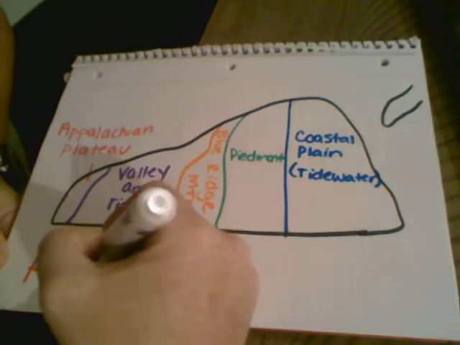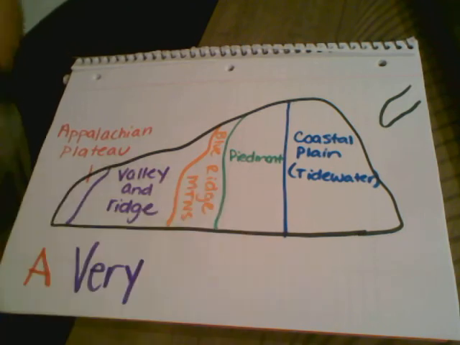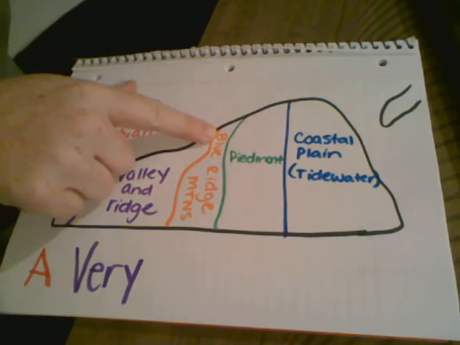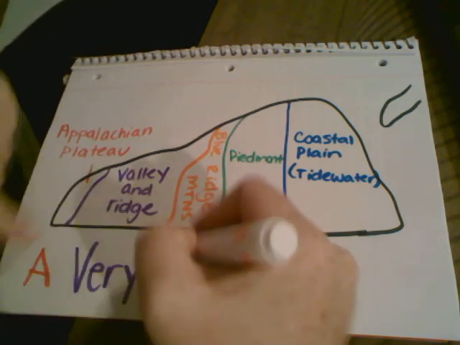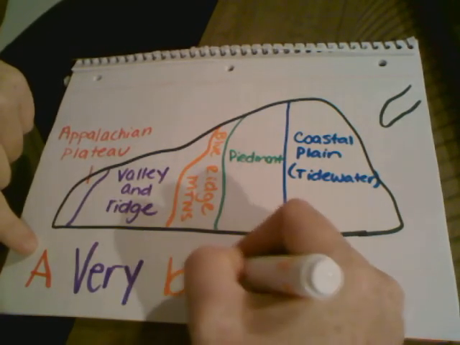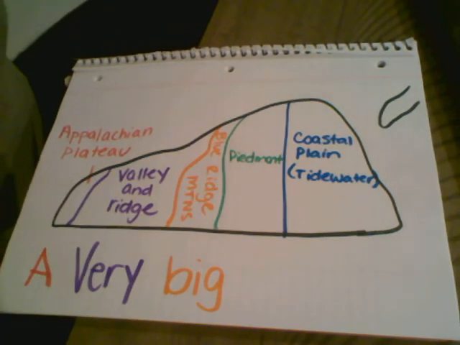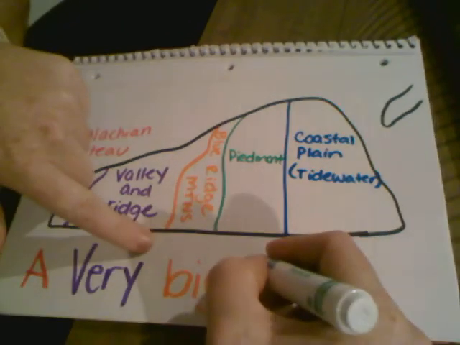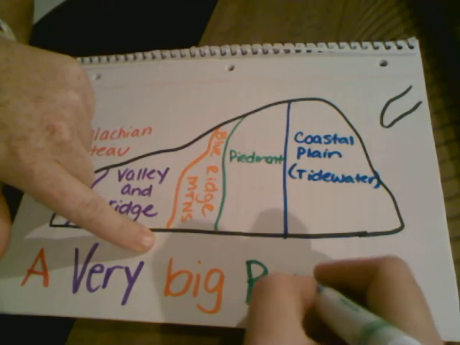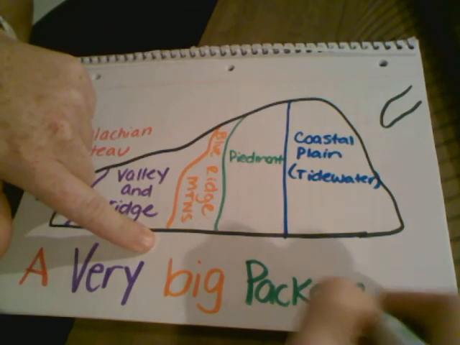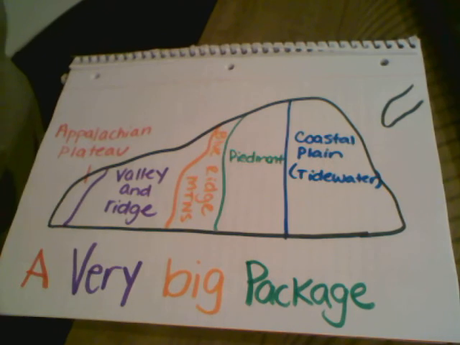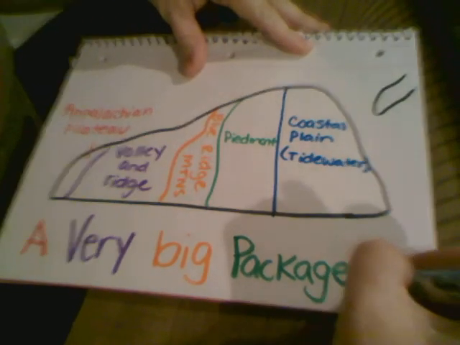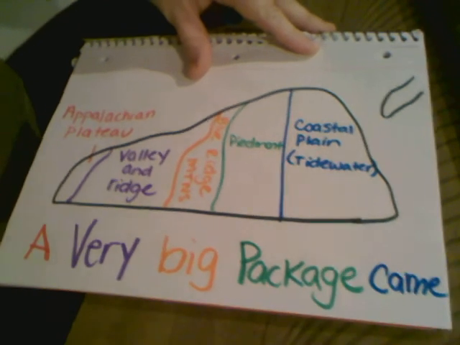So a very, that's my next word. And the next region starts with a B, so we're going to put big, a very big, and then the next region starts with P, and the word is package, and then the last region starts with C, so we're going to write a very big package came.